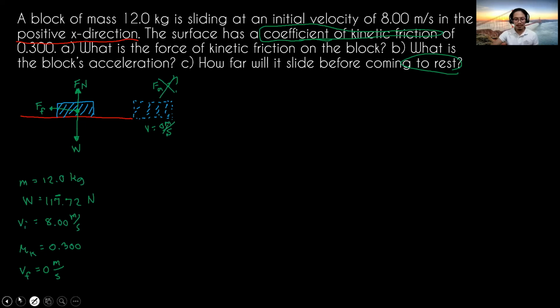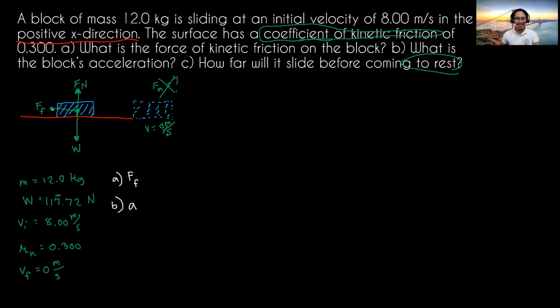So let us identify the required variables. For letter A, what is the kinetic friction? That is the frictional force, and take note, it is kinetic because it is moving. For letter B, what is the block's acceleration? Will it accelerate along the y or along the x?